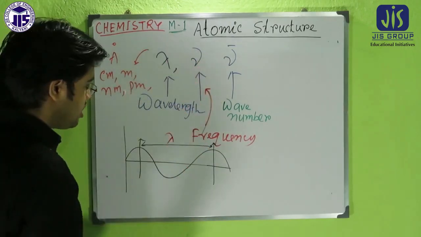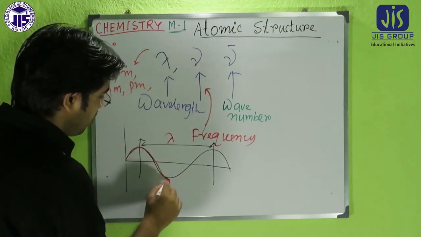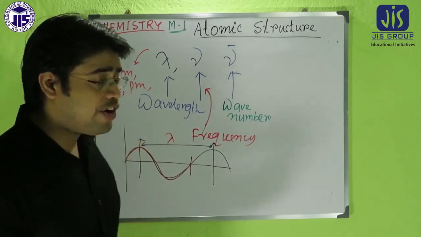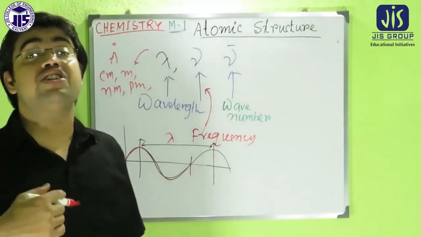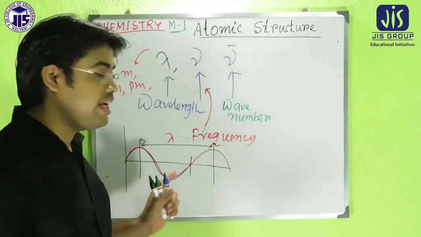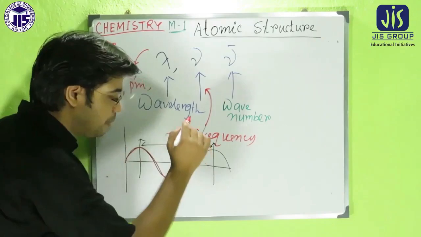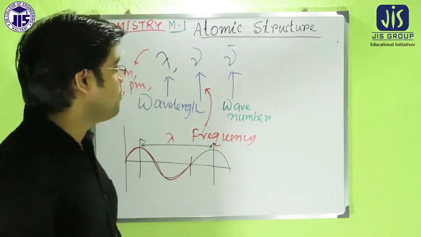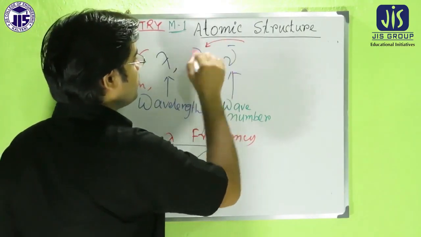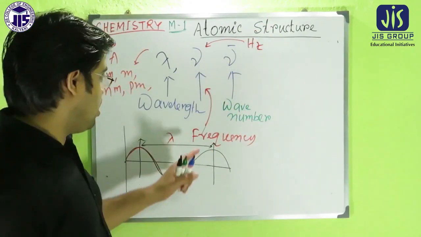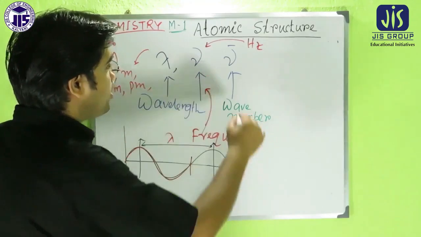Now what is nu? Nu is the frequency. First of all, this is the complete cycle. The frequency means the number of complete cycles per second. So frequency can be defined in that way, and the unit of frequency is hertz. What is the wave number?